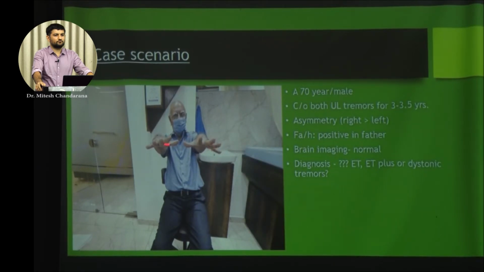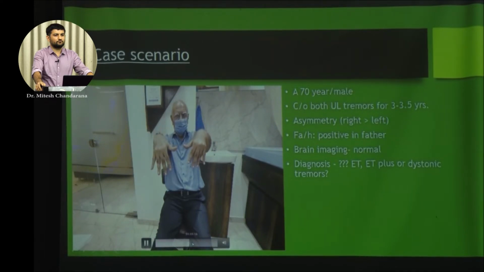Here also the tremor is more prominent on the right, and there is some fanning of the fingers in the left. But the tremor amplitude is not that high, which is characteristic of dystonic tremors. There is asymmetry, right more than left.